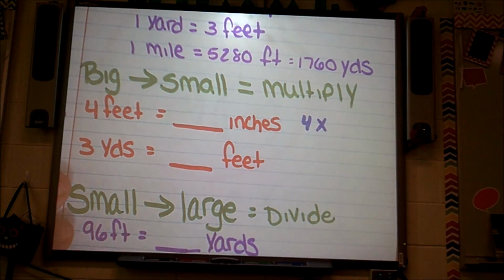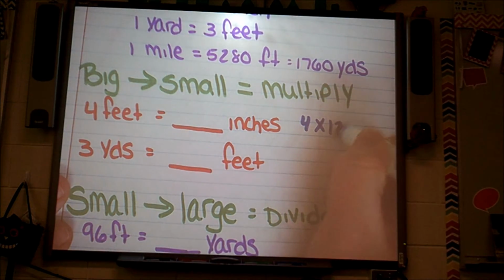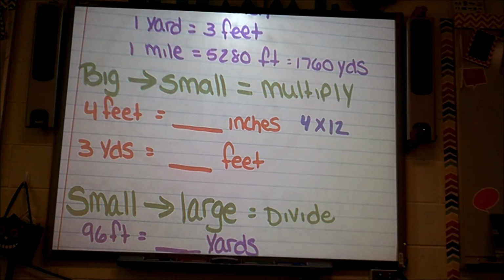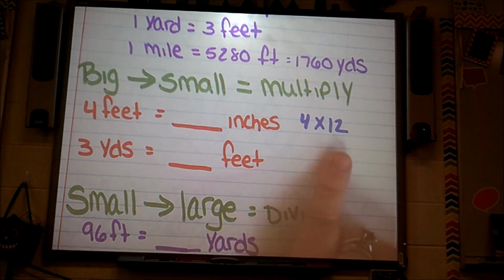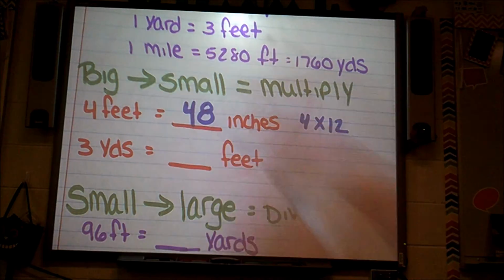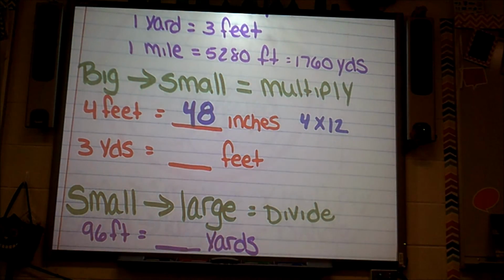So each foot has 12 inches. So if I want to know how many inches are in 4 feet, then I'm going to multiply 4 times 12. And I get 48. That's it. That's my conversion. 4 feet is equal to 48 inches.